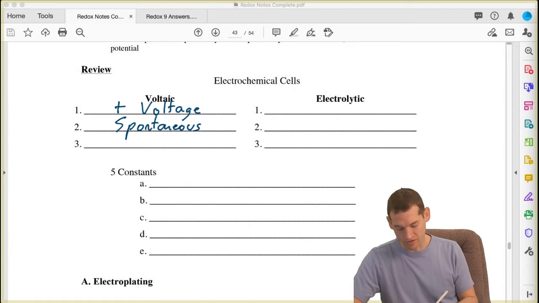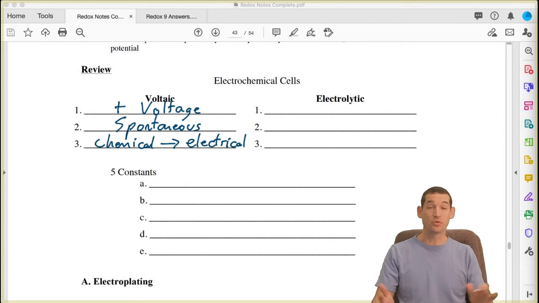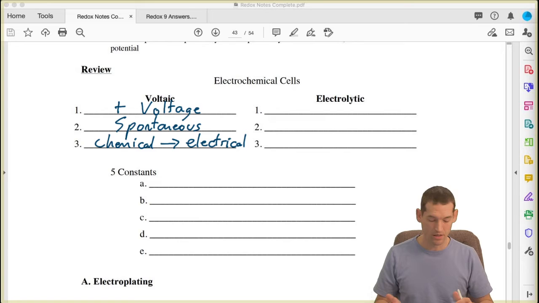And that they are converting a stored chemical form of energy into electrical. Okay, and that's what we've done with everything so far. Basically, all the diagrams, all the problems, all the questions you've had so far have been voltaic cells.